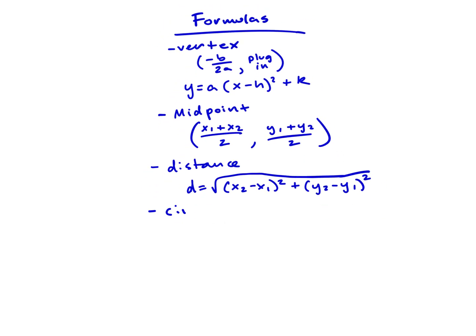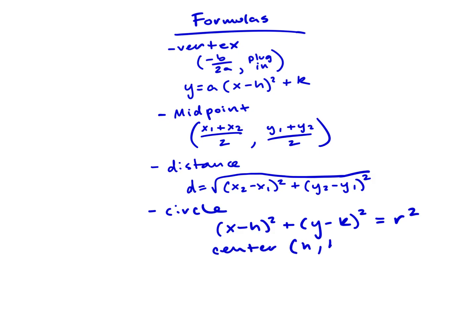You got to know your circle formula. So it's not y equals, I lied. X minus h squared plus y minus k squared equals r squared. So the center would be h comma k, and your radius is r.